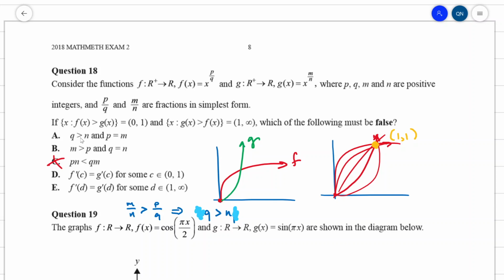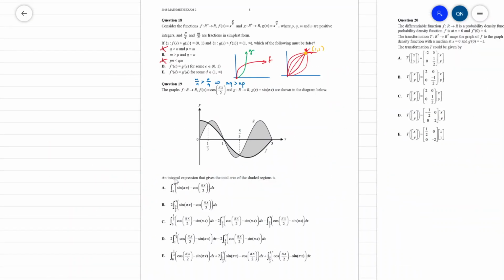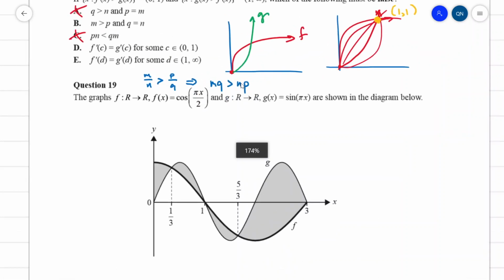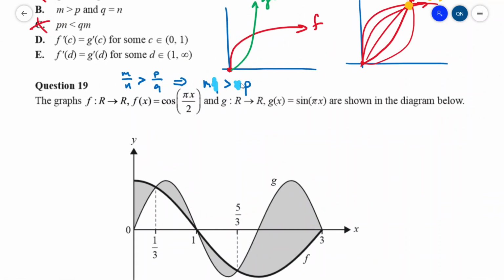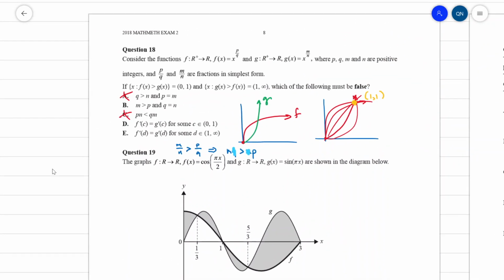So q is indeed greater than n, and so it's not option A. For option B, if q equals n, then you can ignore q and n there. Let's try to zoom back in. You can ignore q and n, and you require that m is greater than p, which it is in that case. So it's not option B, therefore it's option D or E.